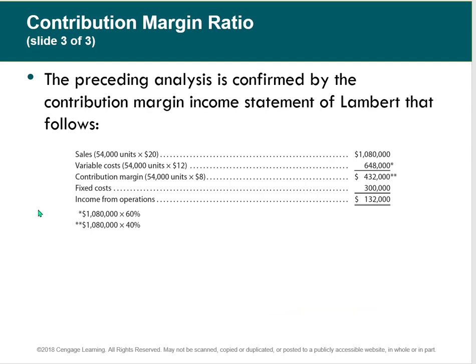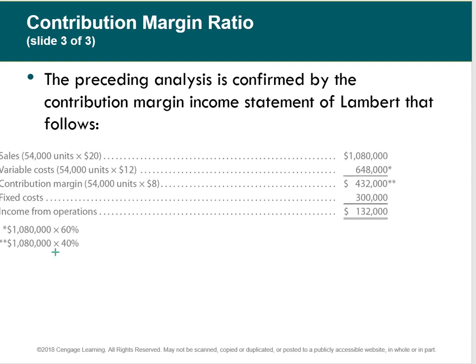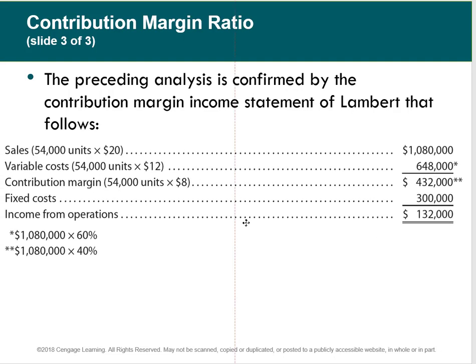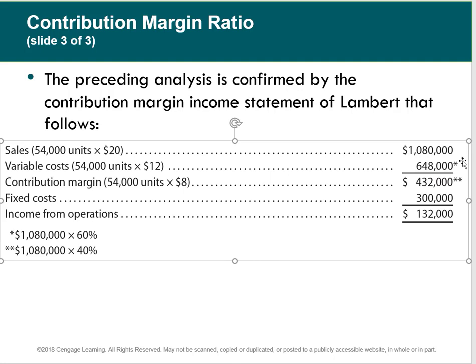And here's the contribution margin ratio statement from Lambert. It's a little bigger. They've got $1,080,000 in sales. Here's our variable cost. We sold 54,000 units at $12 per unit, or $648,000. So our contribution margin is $432,000, less the fixed cost, means income from operations is $132,000.